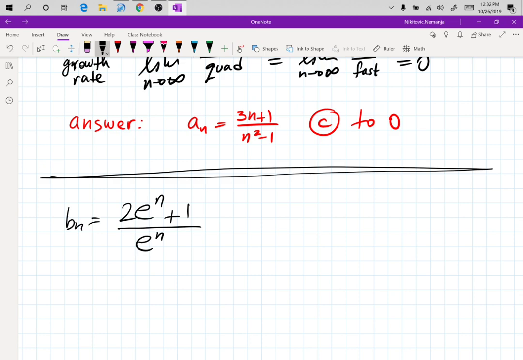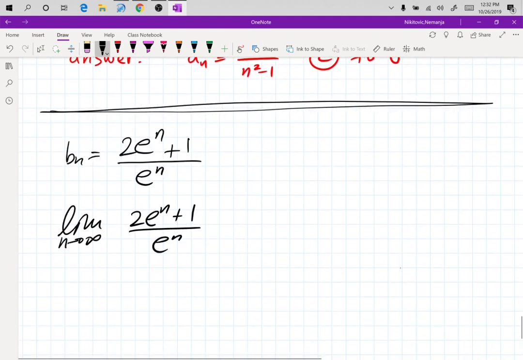So in that case, you just divide e to the n by e to the n. The limit as n goes to infinity of (2e to the n plus 1) over e to the n. And as I said, I don't care which way you do it, just do the math.